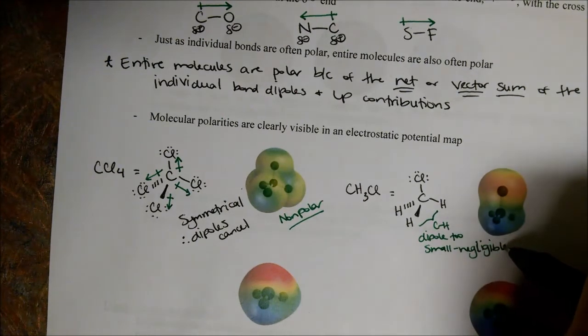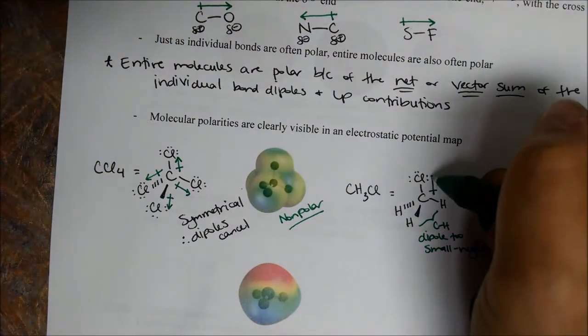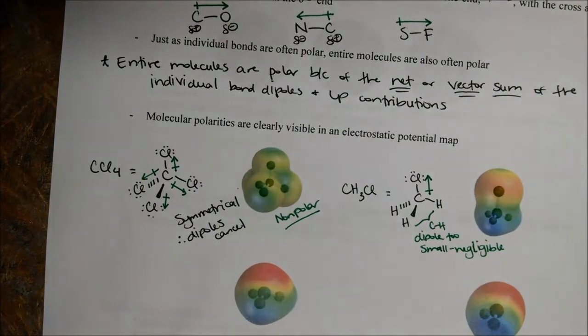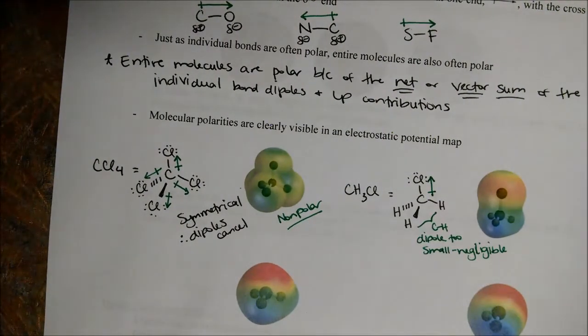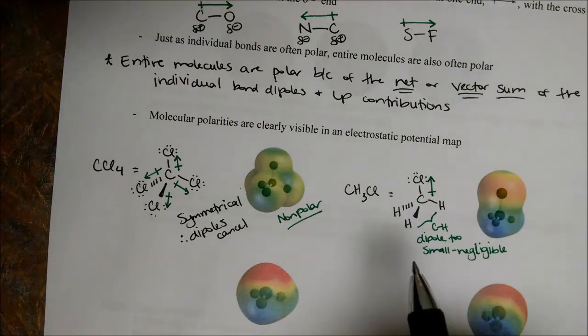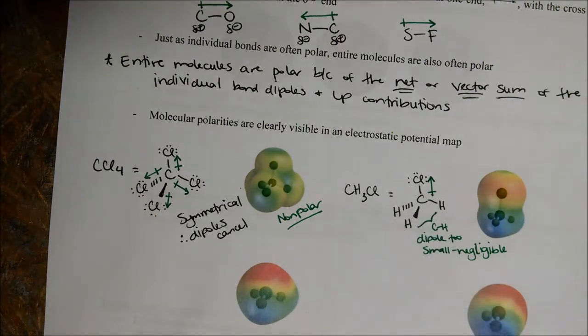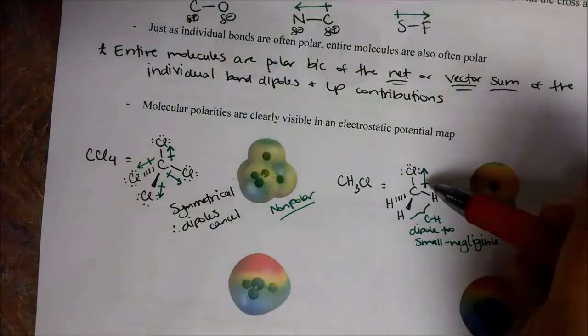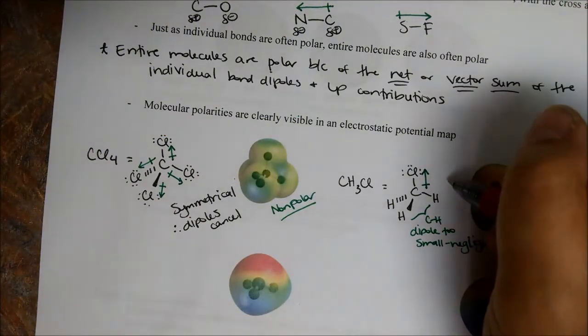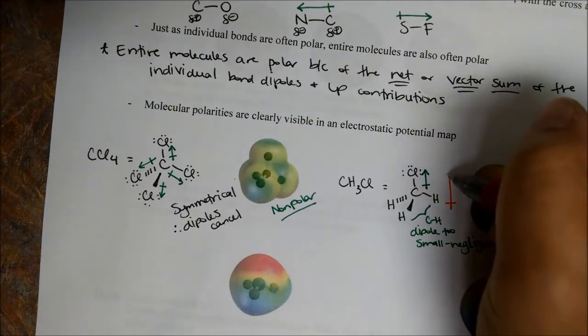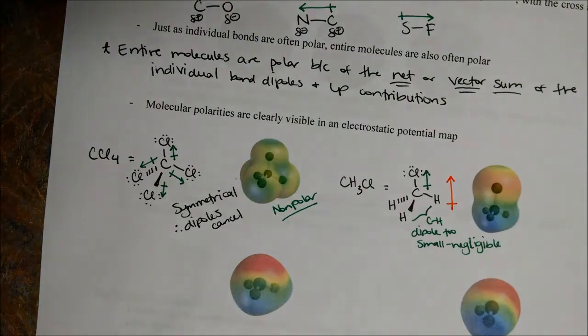The CH dipole is pretty much negligible, so we rarely draw it. But the CCl bond dipole, it's got lone pairs up there, it's definitely pulling electron density towards the chlorine. So then you can see we don't have bond dipoles canceling out. In this bond we have electrons being pulled towards the chlorine. So then overall for the whole molecule, nothing is canceling, so we do have an overall dipole.